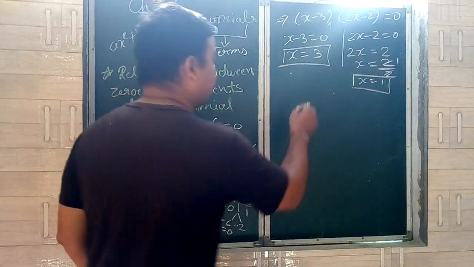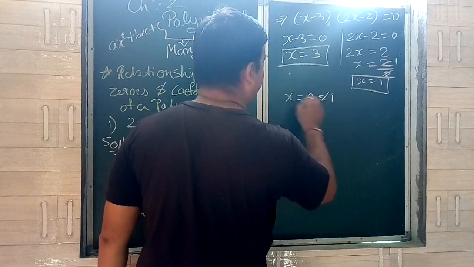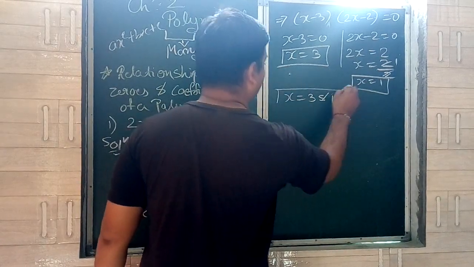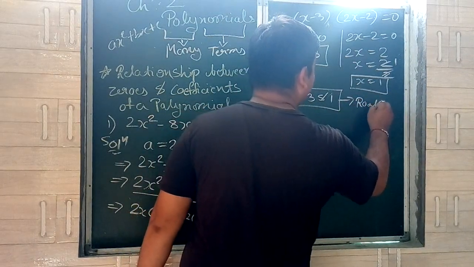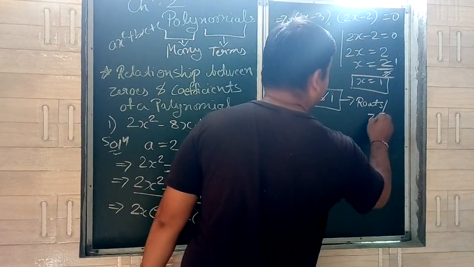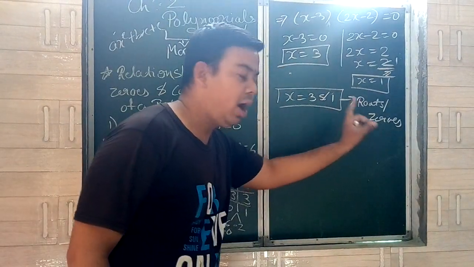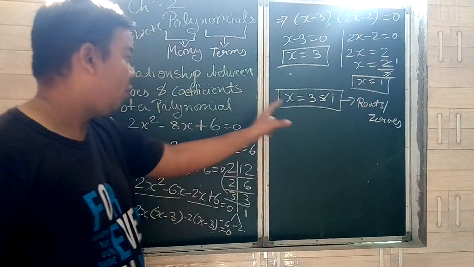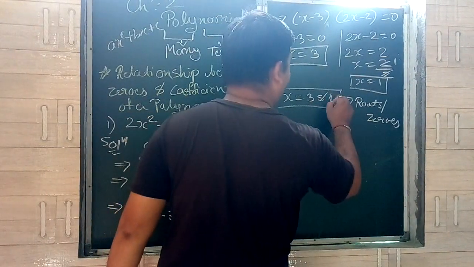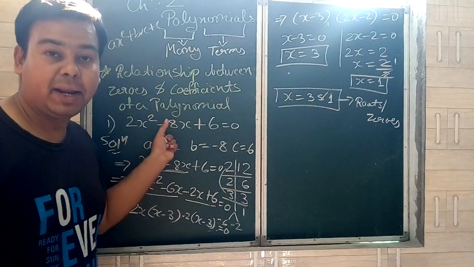Okay, this is x equal to 3 and 1. This we call roots or zeros. So we got two solutions of x, 3 and 1, because this is a quadratic polynomial.